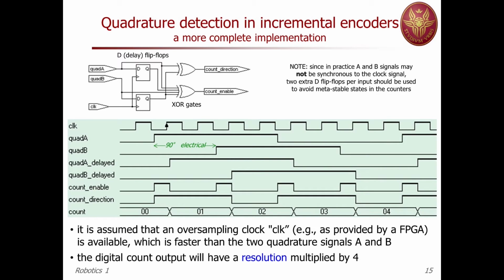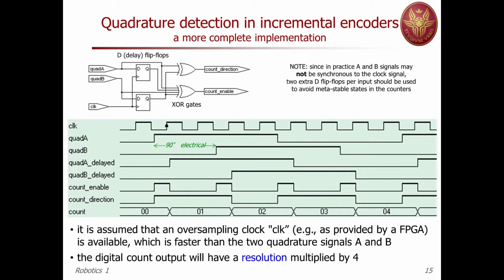It's not used only in encoders, so not only in robotics, actually. And here we have another implementation, a more robust implementation, actually. There you see the two channels A and B. And this implementation assumes that you have a higher frequency clock available.